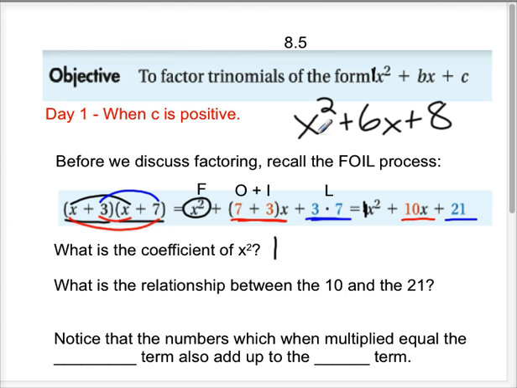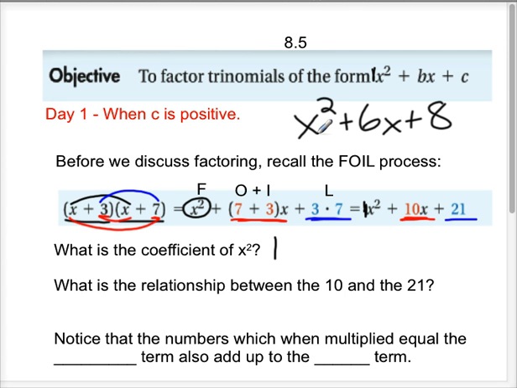So, where is this 10 coming from? Well, when we look at what we're factoring, the 10 comes from the 3 and the 7 being added together. 3 plus 7 is going to give us that B term, that 10. And where's that 21 coming from, that C term? Well, if you look at that same 3 and 7, 3 times 7 is giving us that 21.